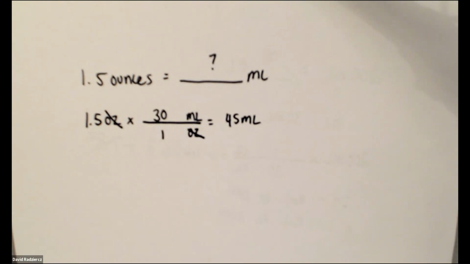So someone asked, do we have to do double dimensional analysis? I think you're asking, do you have to show both steps of dimensional analysis for certain problems? No. When they say show your work, you can show your work any way you wish. They just want to see that you're actually doing it and showing your work. So like I said, there's a variety of different ways to do that.